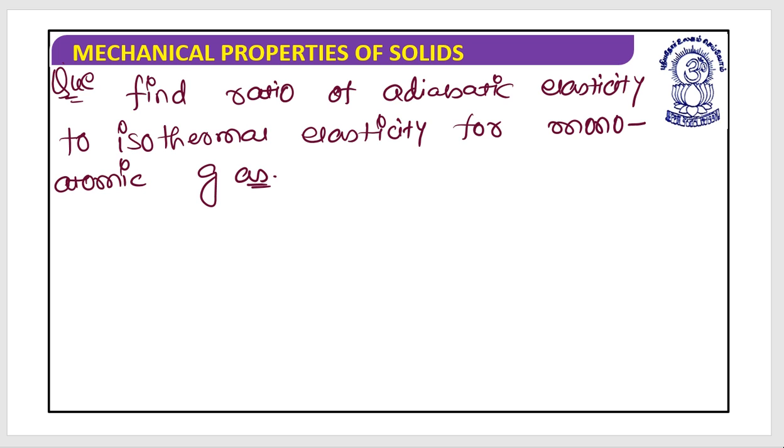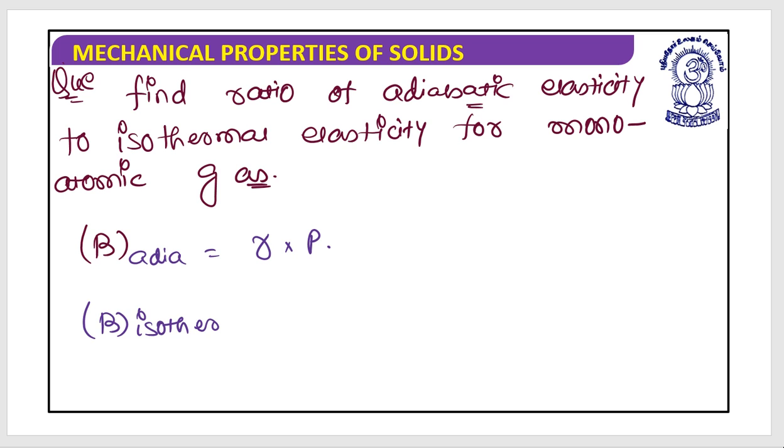So when I need to find the ratio of these two, the bulk modulus of adiabatic is equal to gamma times the pressure, and the bulk modulus of isothermal is P. So if I take the ratio of these, P has gone, and the ratio would be left with only gamma.